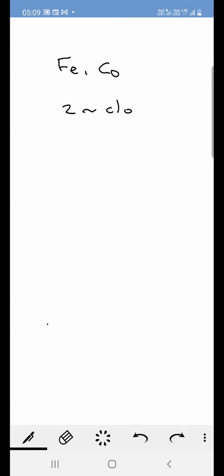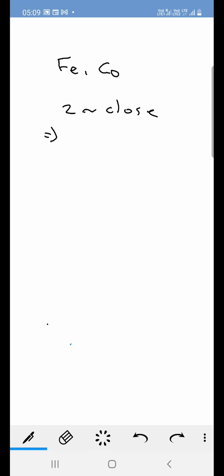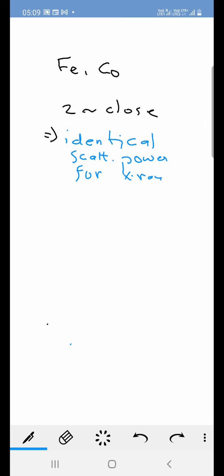The atomic number is close, so it would imply that these have identical scattering power for X-rays, so we cannot distinguish between iron and cobalt.